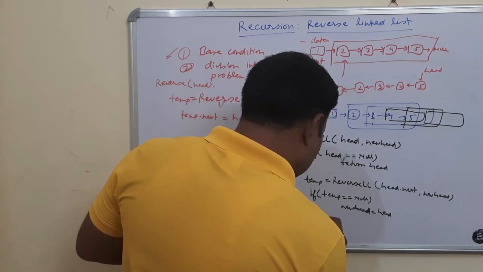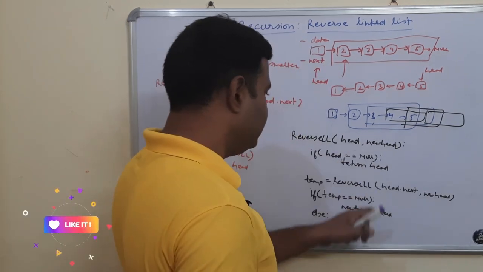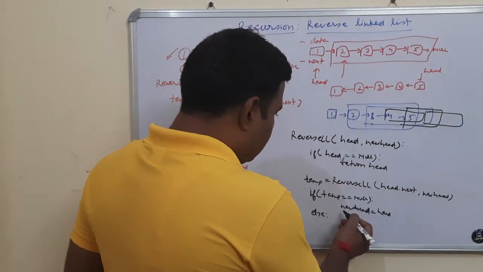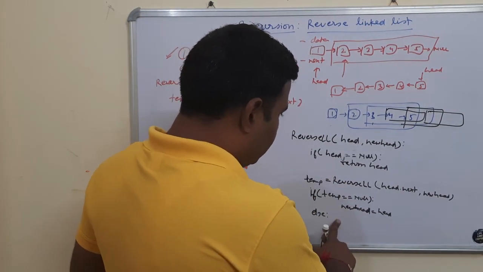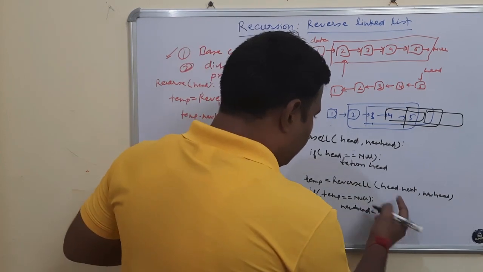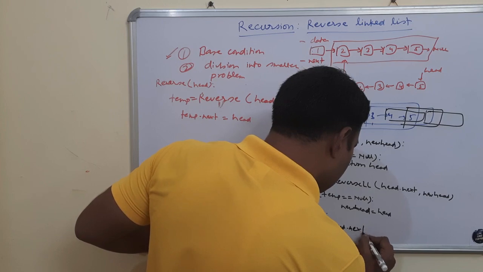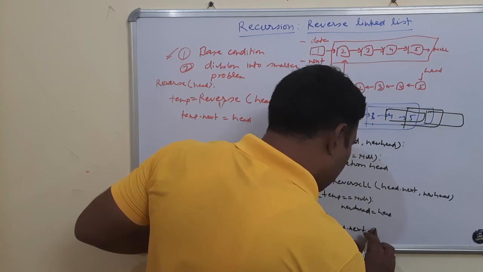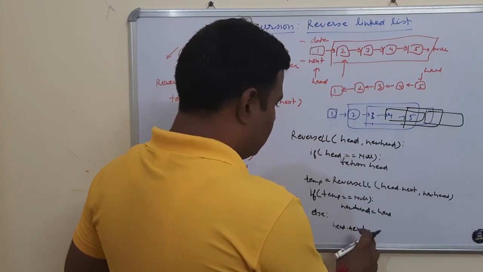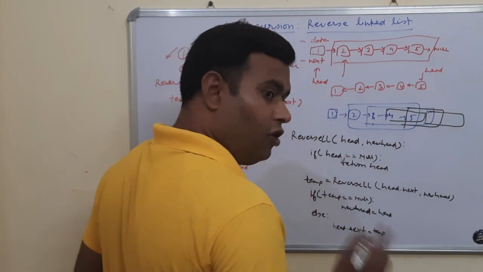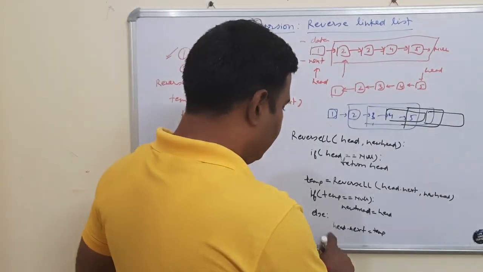Let's write else. I'm using Python syntax, but this is applicable to all the languages. So here, what will be the condition? You have to move your head dot next equal to this temp. And now what do you have to return? Your head.